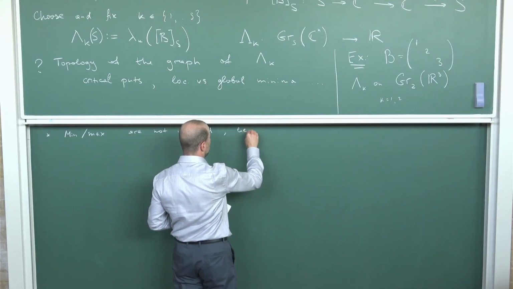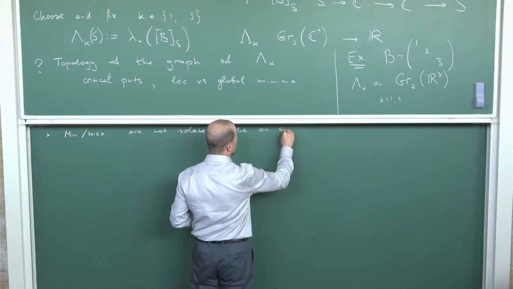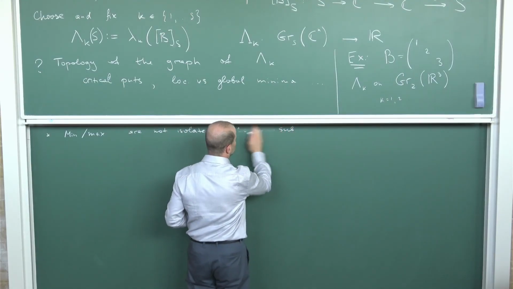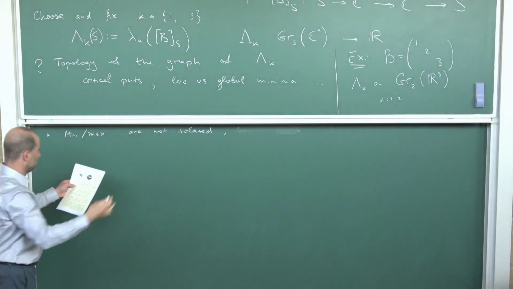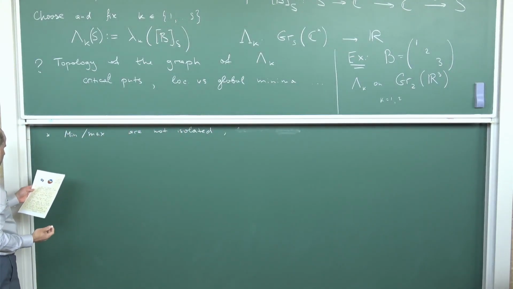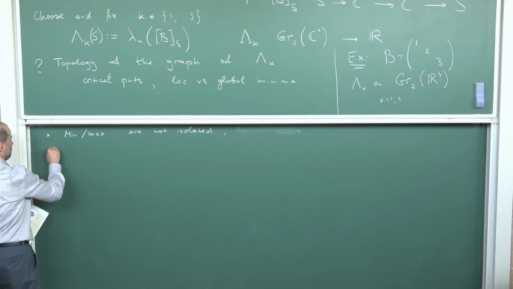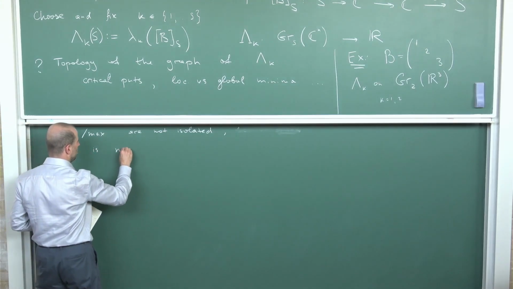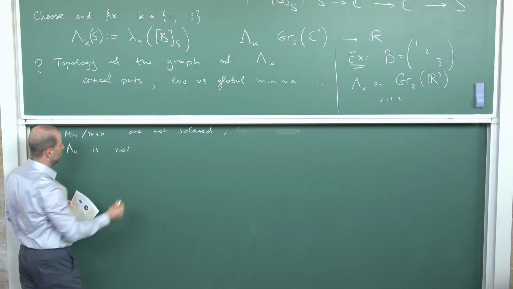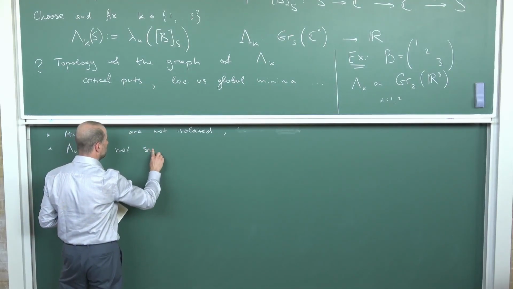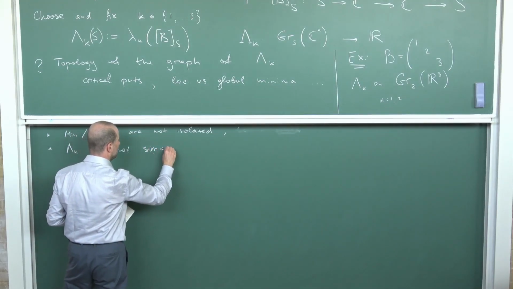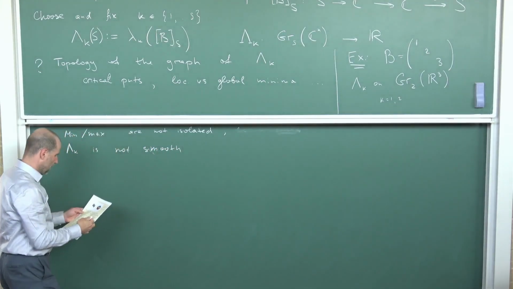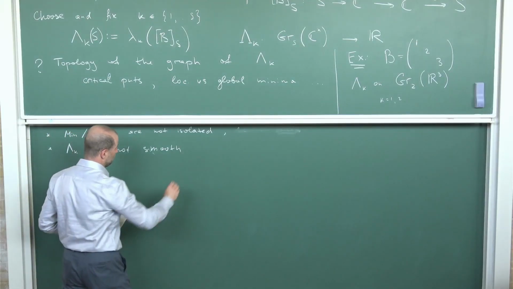They lie on submanifolds. Never mind. They're not isolated. They're some sort of submanifold-ish structures. Lambda k is not smooth. It has these annoying points where it loses smoothness. But it's continuous.